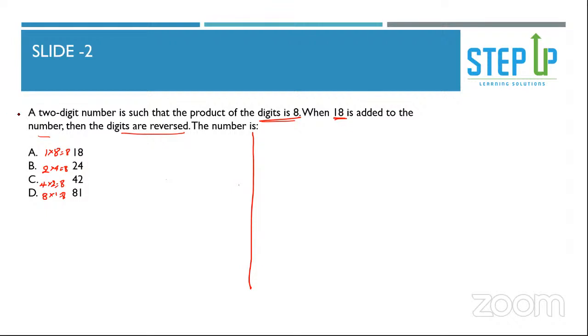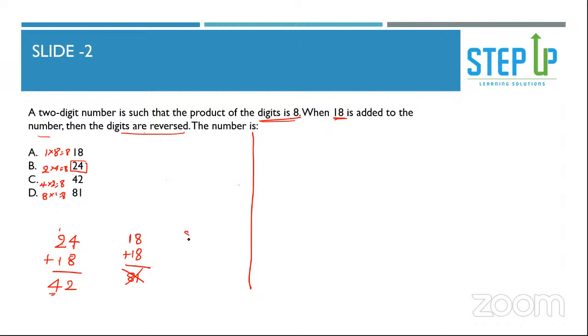When 18 is added to the number, the digits are reversed. It means that if it is 24 and you add 18 to it, it should become 42. Check: 8 plus 4, 12, 1 carry forward, 2 plus 1 plus 1, 42. This is the direct one I have taken. But for 18, 18 plus 18 will not give me 81.